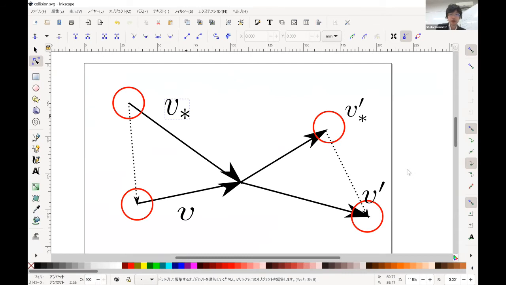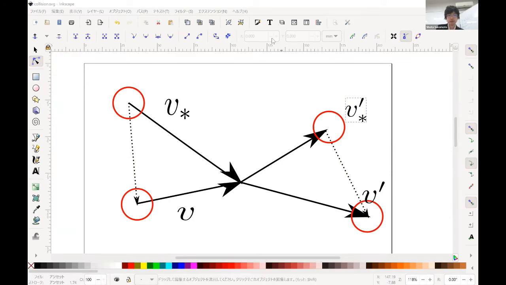They are about to collide here, and after the collision, we get other velocities, v' and v_*'. So when we look into these relative velocities, v − v_* and v' − v_*', we can find that, I'm going back to the original PDF.